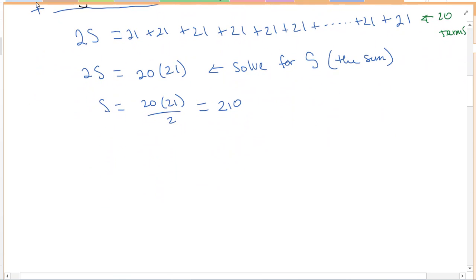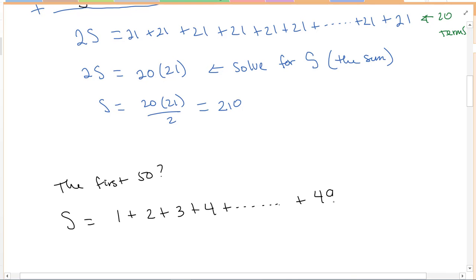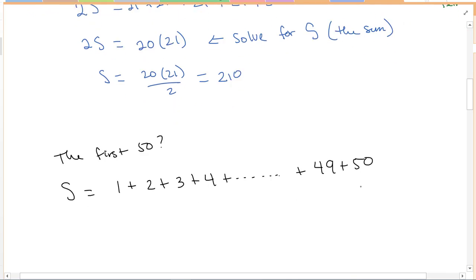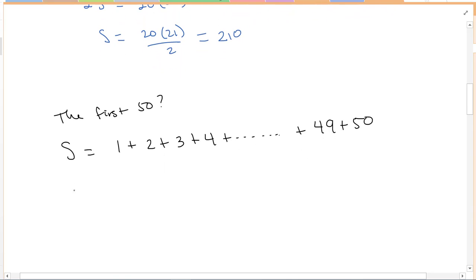Now, just to illustrate it a little bit further, what if it's the first 50? I will say S is equal to 1 plus 2 plus 3 plus 4 all the way to 50. Let's do the same thing we did before and reverse it: 50 plus 49 plus 48 plus 47 and so on, plus 2 plus 1.